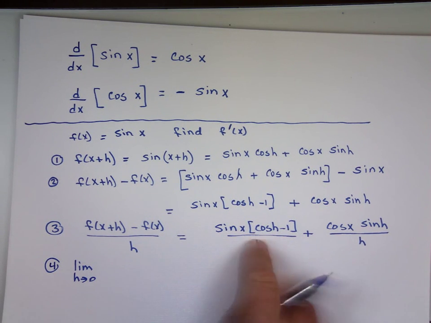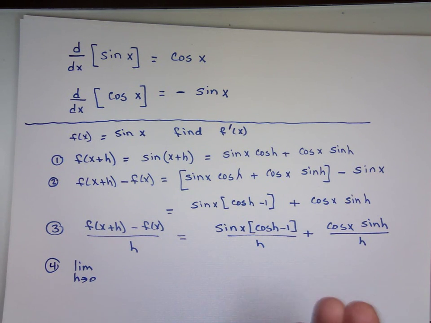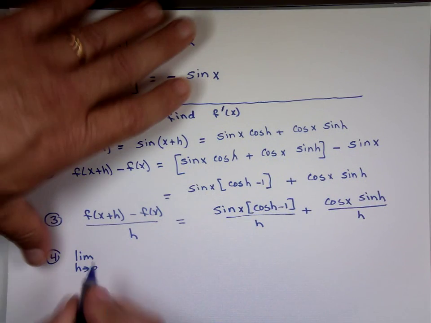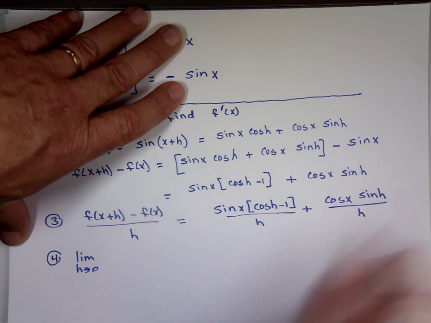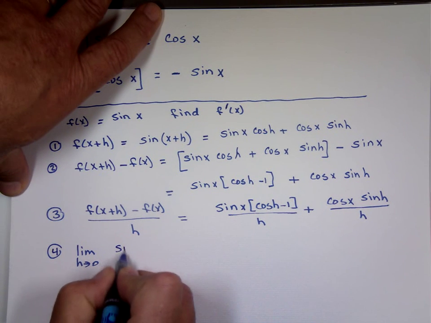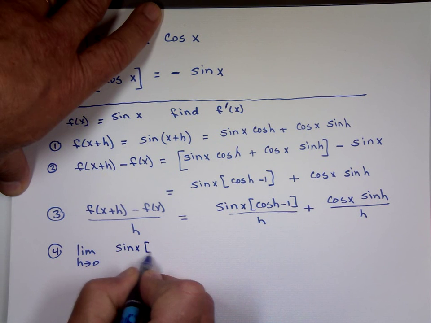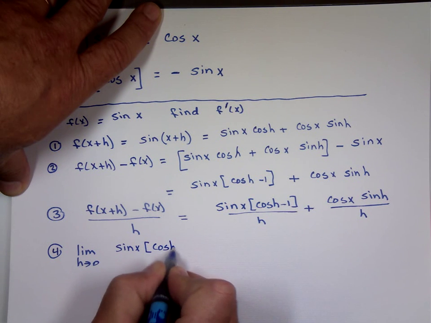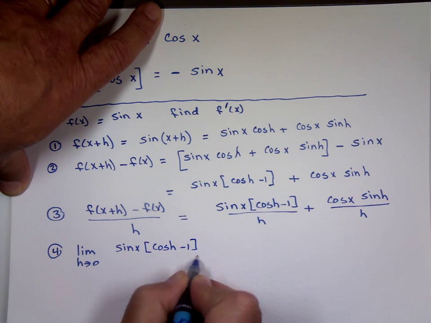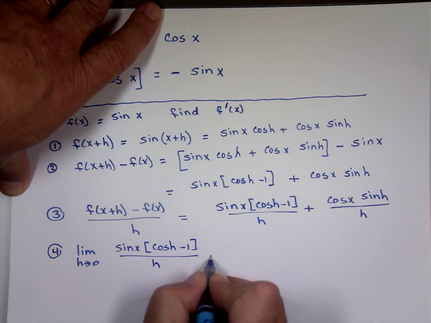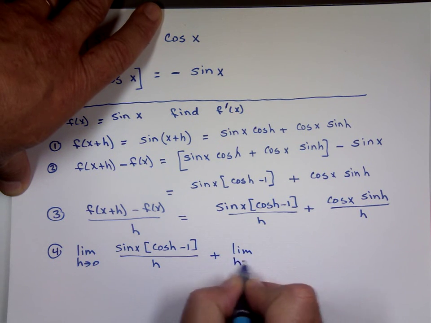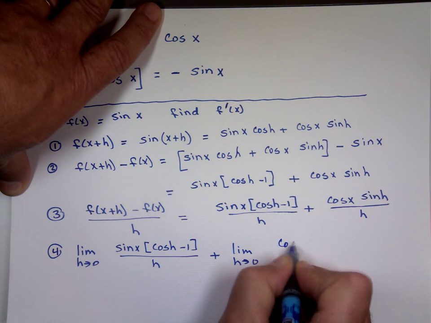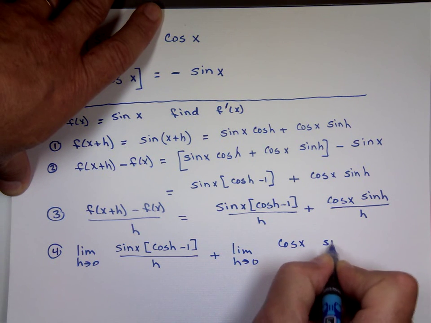Well, I can break it down to two problems. I can break it down to this one plus the limit of that. So it's the limit of sine of x cosine h minus 1 over h plus the limit as h approaches 0 cosine x sine of h over h.